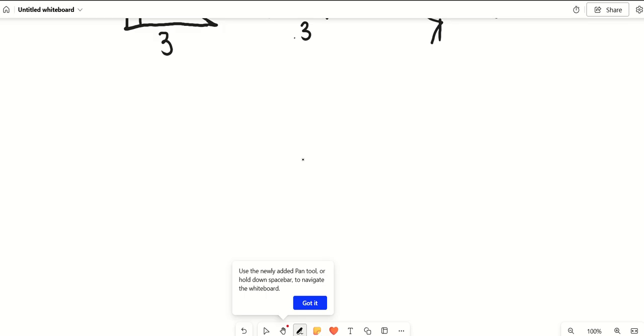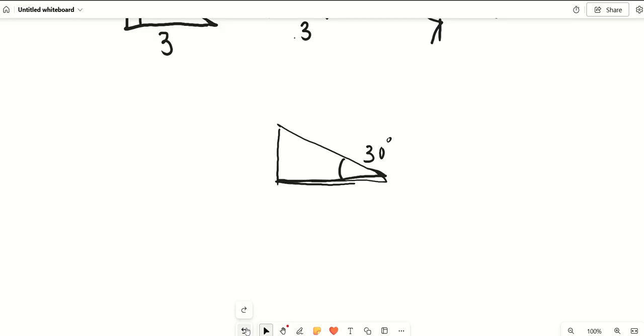Suppose I have given a right angle triangle with, let's say again, 53 degree.